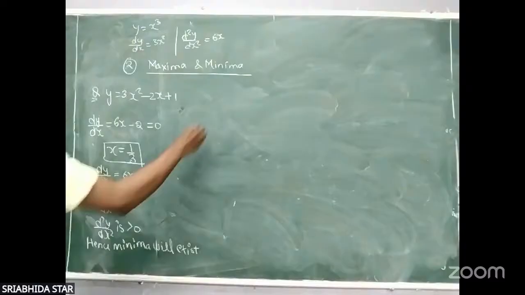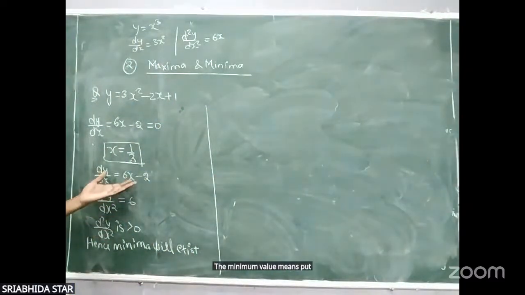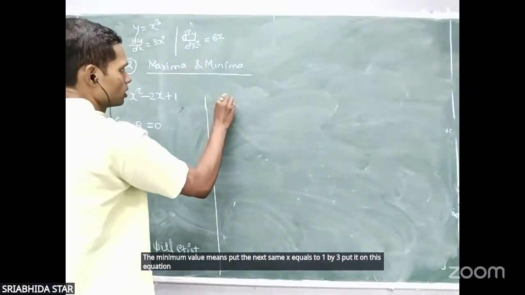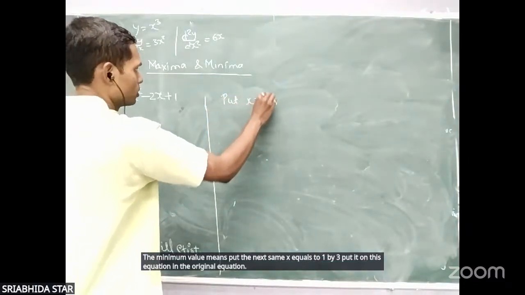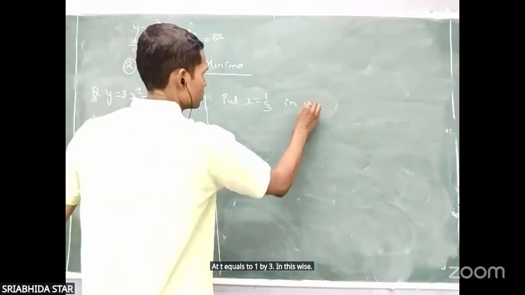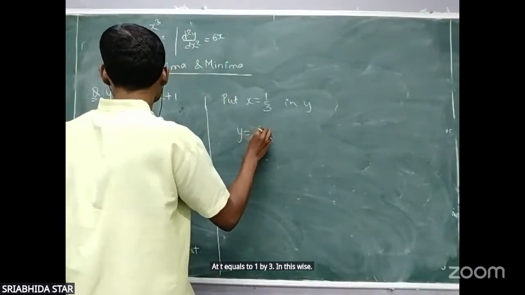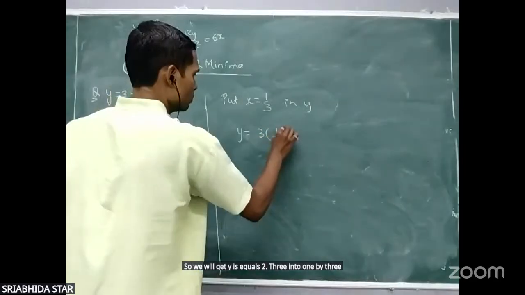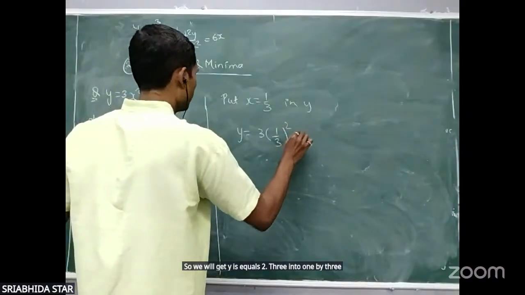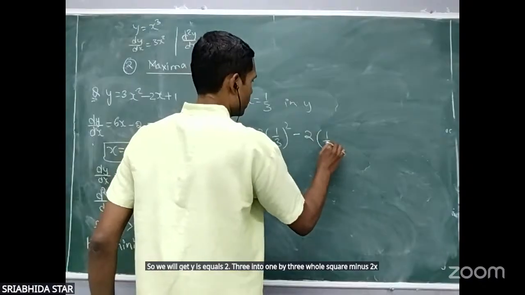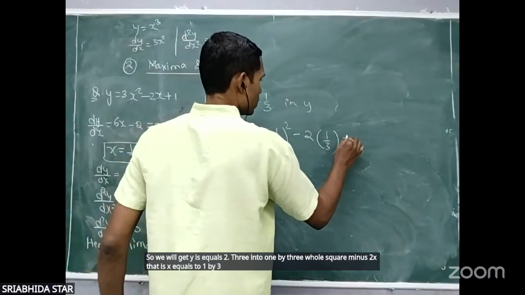The minimum value means put the same x equals 1 by 3 in the original equation. Put x equals 1 by 3 in this y. So we will get y equals 3 into 1 by 3 whole square minus 2x, that is x equals 1 by 3, plus 1.